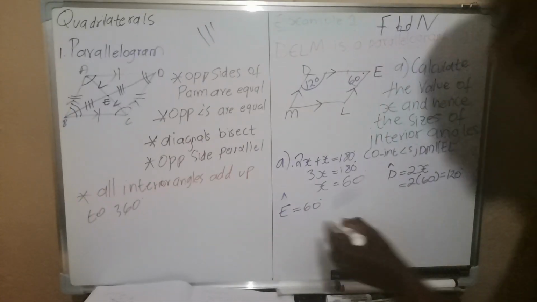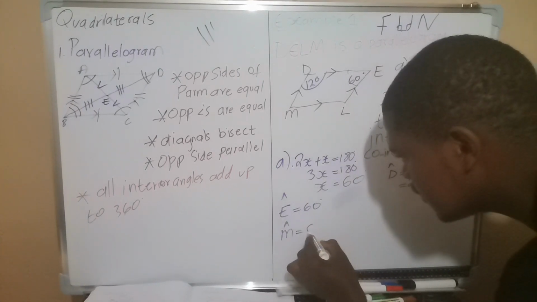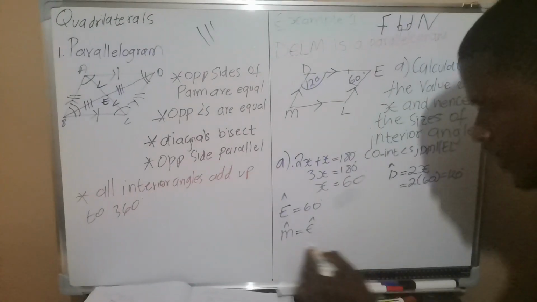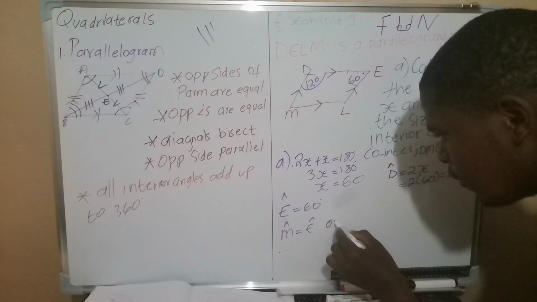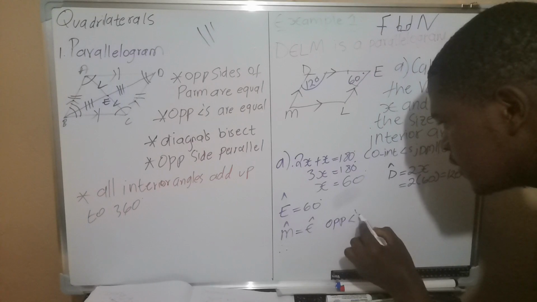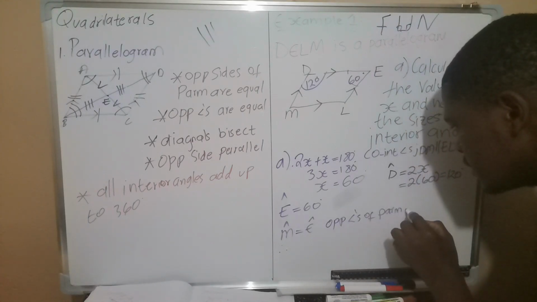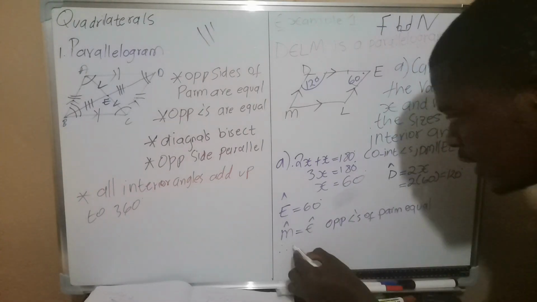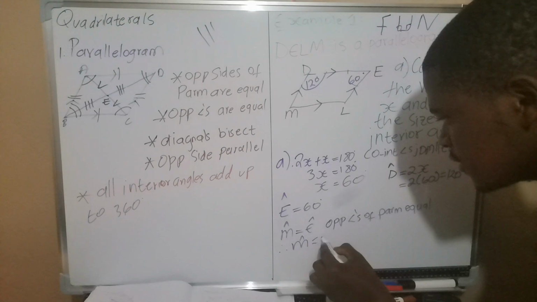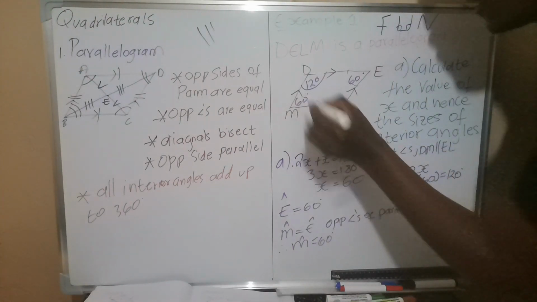Angle M is equal to angle E because of what? Opposite angles of a parallelogram are equal. This is your reason. You must state your reason. Therefore, angle M is equal to 60 degrees. You are done.